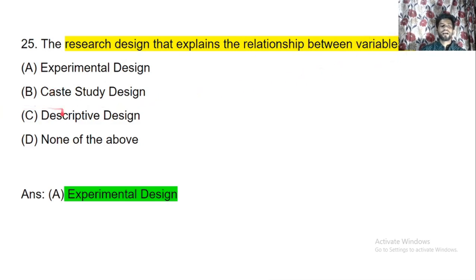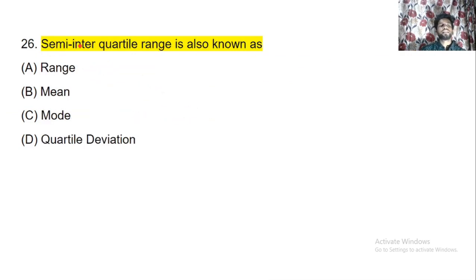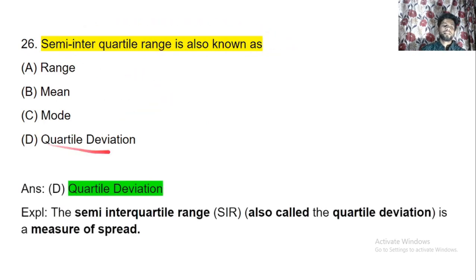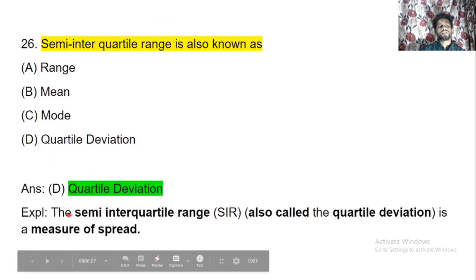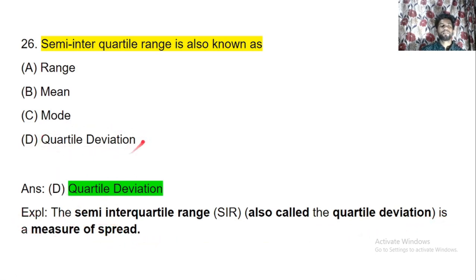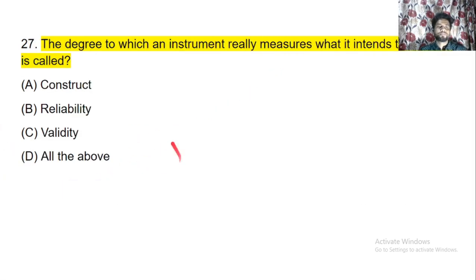In the others we don't have this kind of explanation. Now the semi interquartile range is also known as quartile deviation, because the semi interquartile range, SIR, also called quartile deviation, is a measure of spread. So the semi interquartile range is also known as quartile deviation and is a measure of spread.